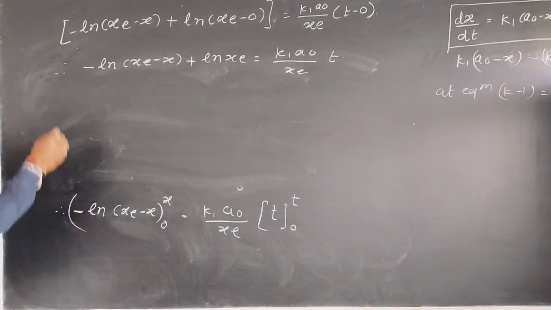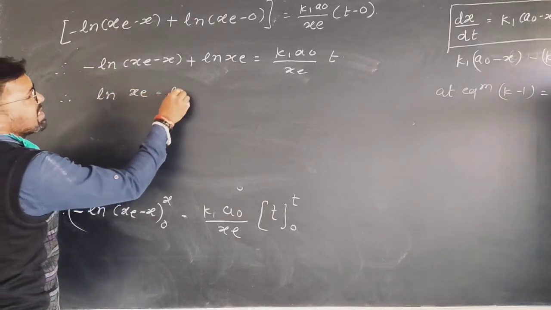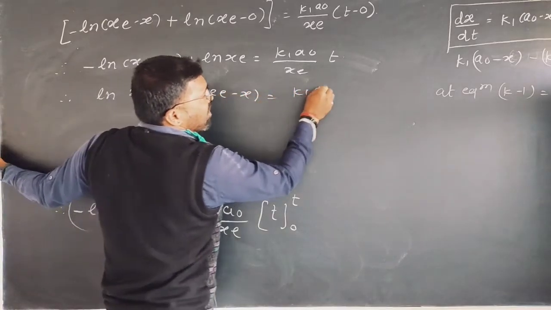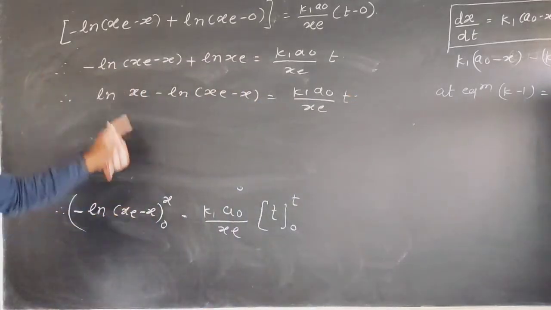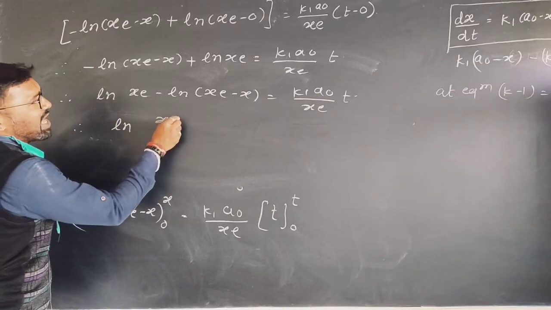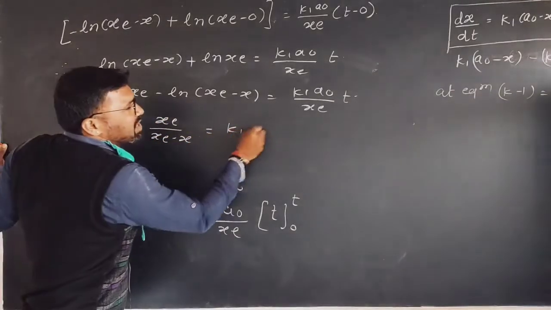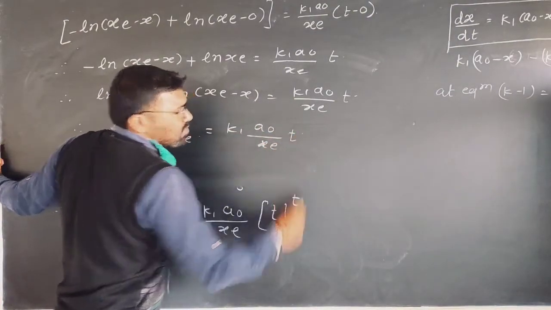Then I can write this equation as ln of xe minus ln of xe minus x, which is equal to k1 into a0 upon xe into t. Applying rules of logarithm, you can write ln of xe upon xe minus x, which is equal to k1 into a0 upon xe into t.